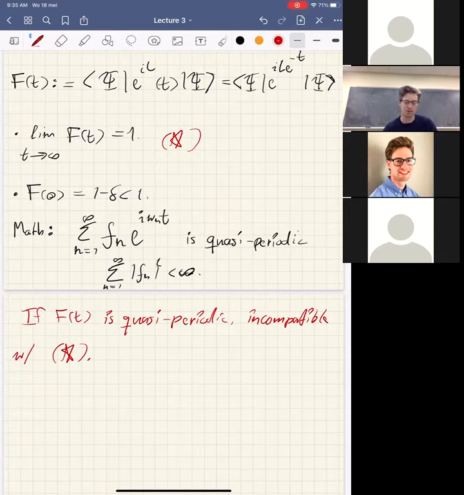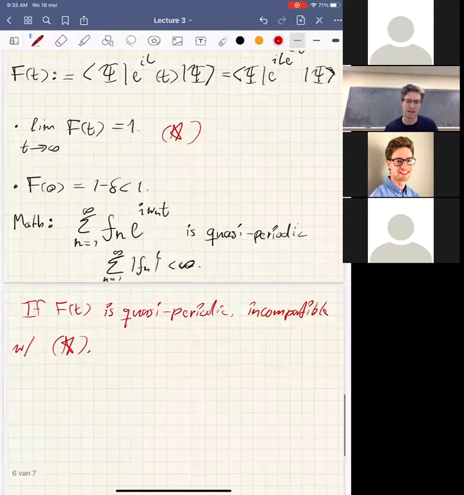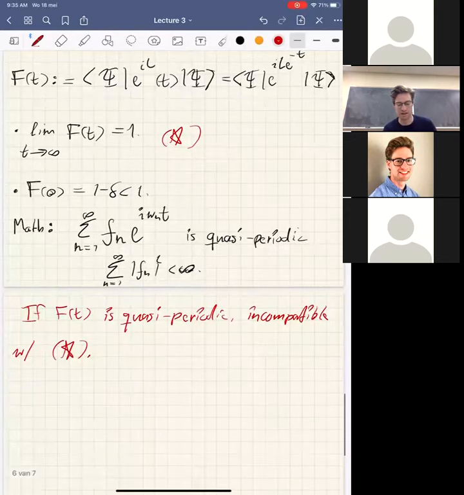Similarly, this is also the case for these quasi-periodic functions: if you have such a quasi-periodic function, this limit where t is going to infinity and we get a finite value should not exist. So if we can show that this function f of t is quasi-periodic, this is incompatible with the existence of this function f of t, and in particular these de Sitter symmetries. And what we'll now show is that that's indeed the case, and we'll give a particular interpretation of what it implies for the de Sitter symmetries.